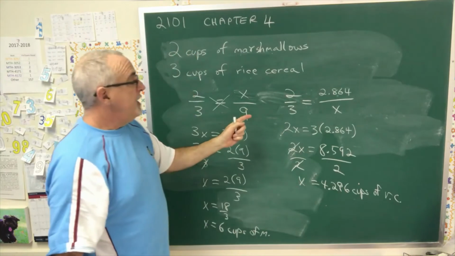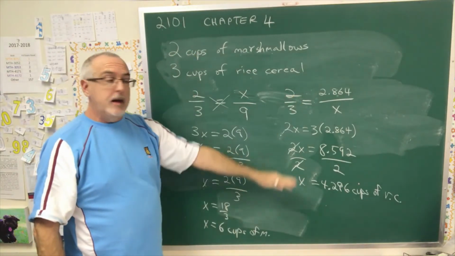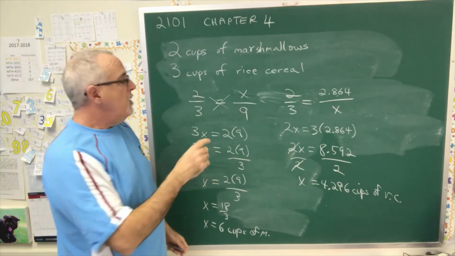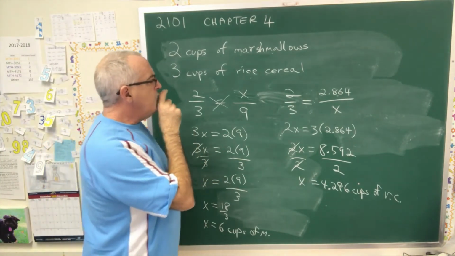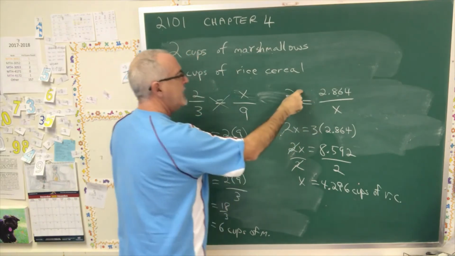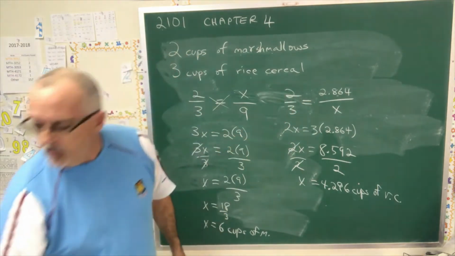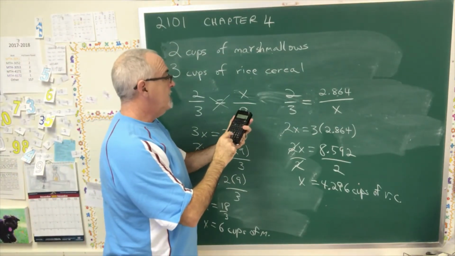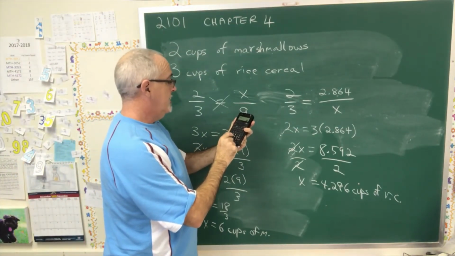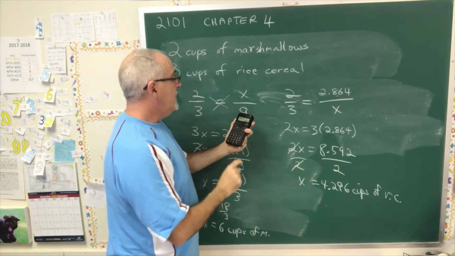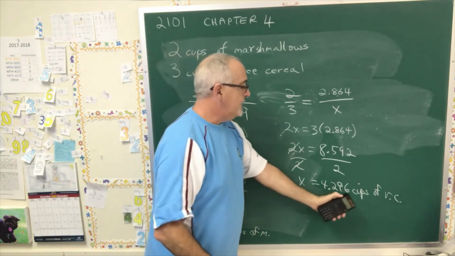Because of course, one of the problems with this math is sometimes it's too easy. And when is it too easy? Once you realize, oh, I'm going to end up multiplying these two numbers and then I'm going to end up dividing the answer by that number. Then you can start pulling out your calculator and you can say 3 times 2.864 equals, divided by 2 equals, oh, I got my answer, 4.296 cups of Rice Krispies.